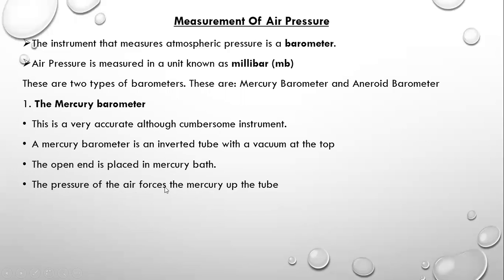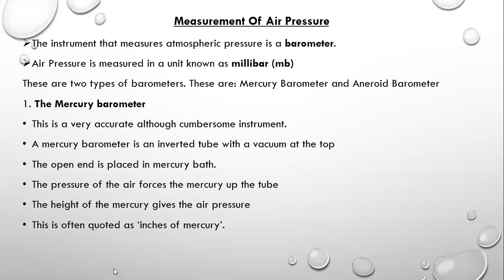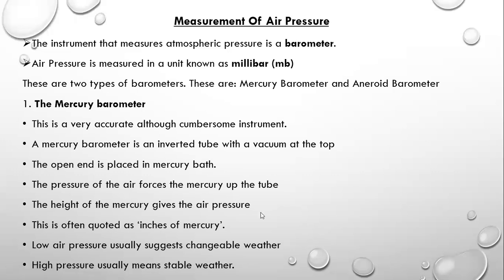The pressure of the air forces the mercury up the tube. The height of the mercury gives the air pressure. Now, this is often quoted as inches of mercury. Low air pressure usually suggests changeable weather. High pressure usually means stable weather.